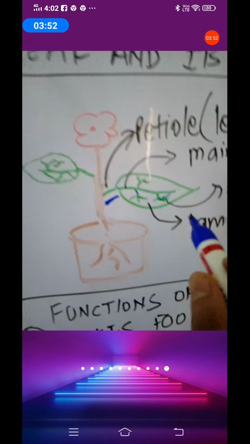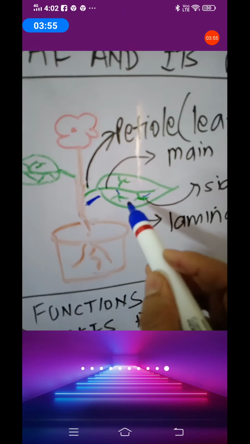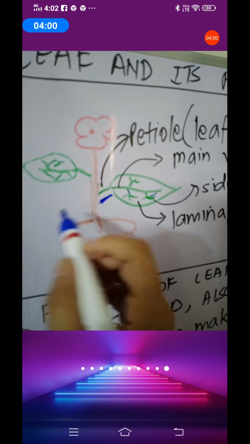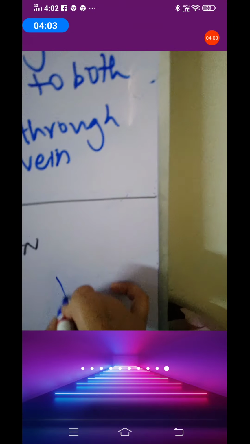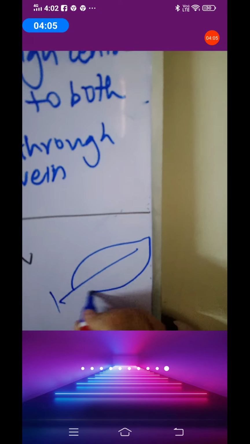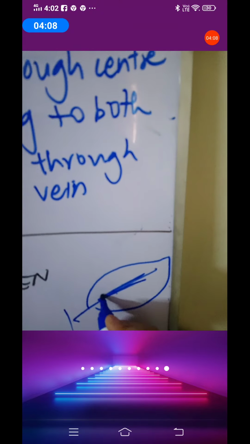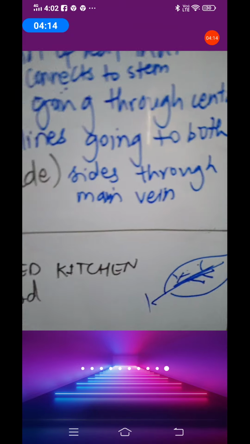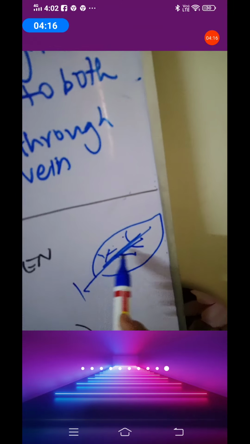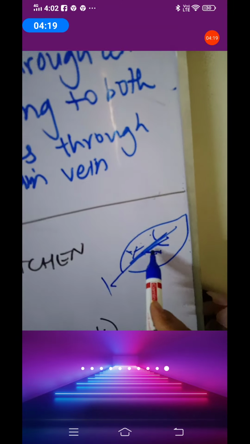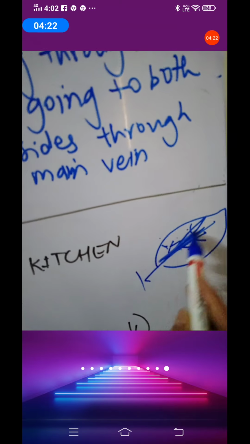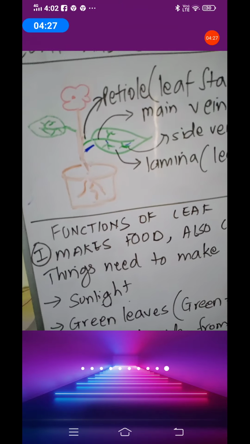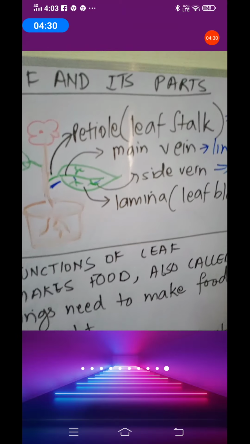If this is the center of the leaf, this is the main vein, and the side veins come out from the main vein on both the sides. The lines going from both the sides from the main vein are called leaf side veins.